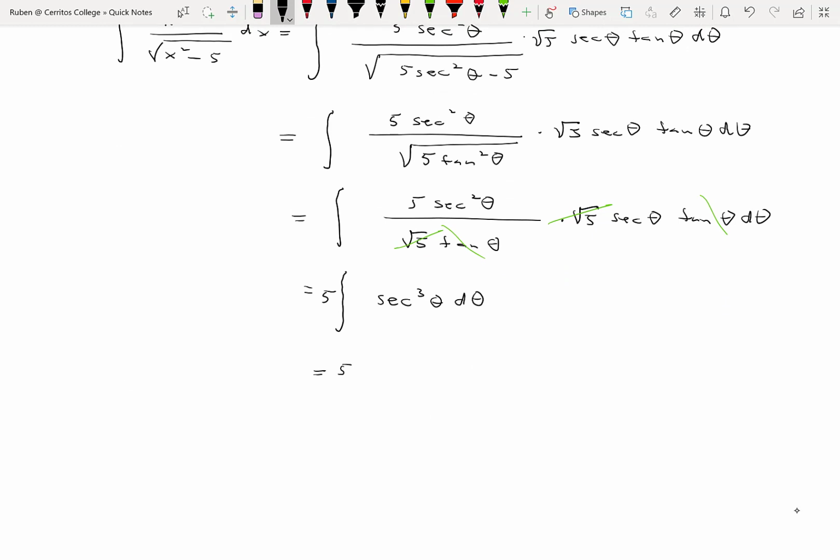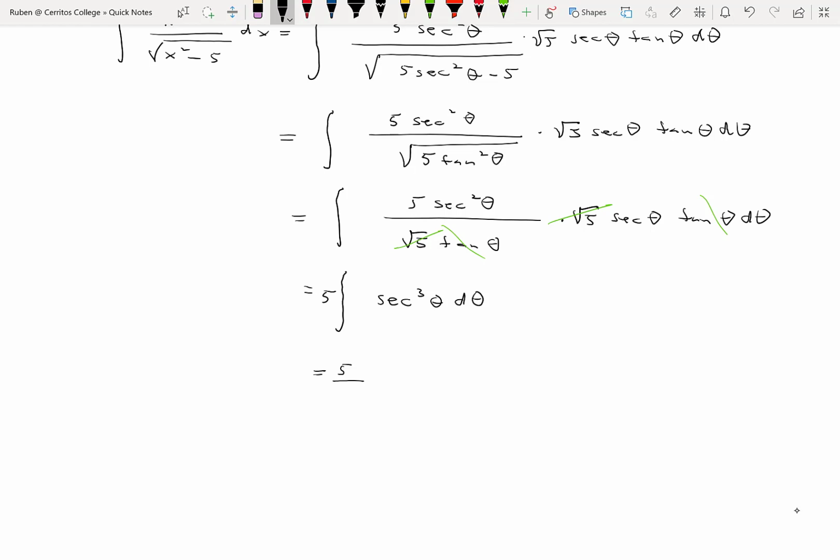Again, if you need practice with integrating secant cubed, stop the video and do it. I did it for you in a video. I think your author also does it in the textbook. In fact, he does integrate secant cubed. I'm looking for it. He integrates secant cubed on page 528 at the bottom of the page, example 8.